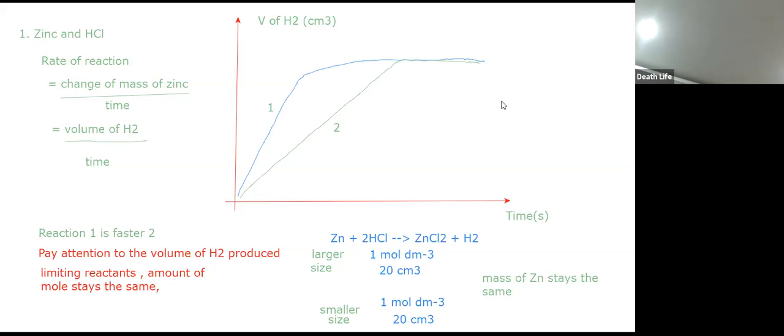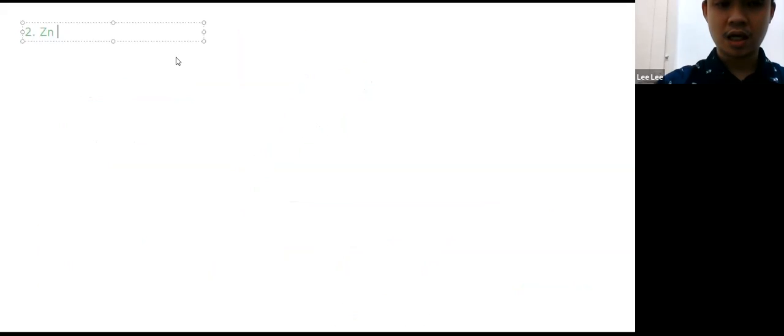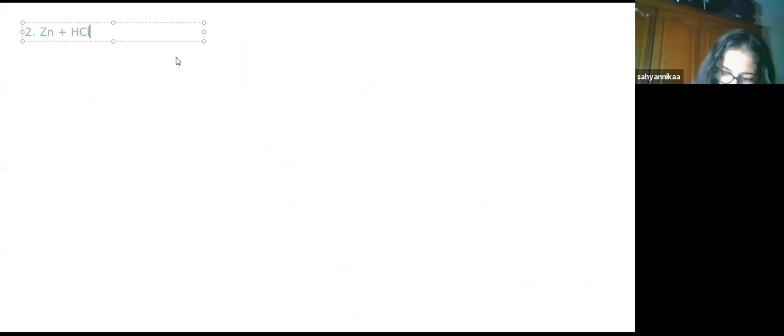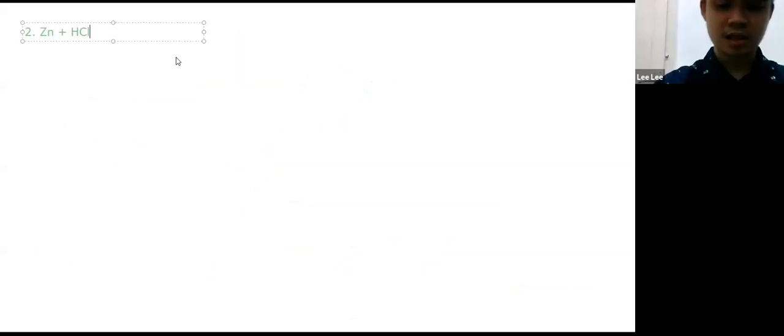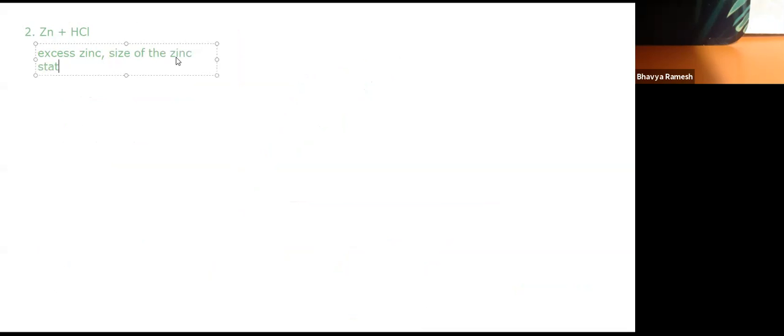Okay, so now I clear the board already. Now let's say the experiment is zinc plus HCl, and the zinc is in excess here, excess zinc. And now let's say I make the size of the zinc stay the same for both experiments.